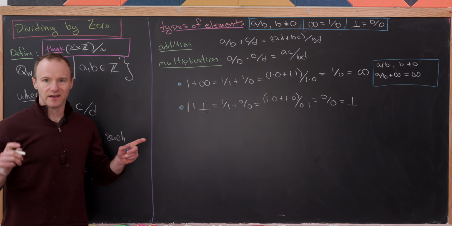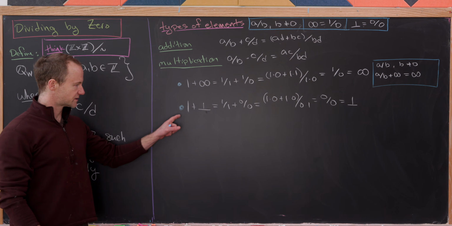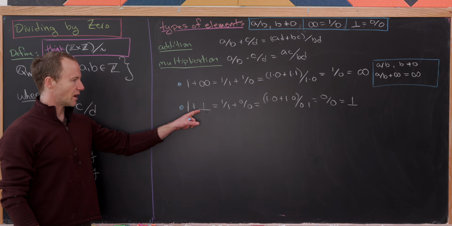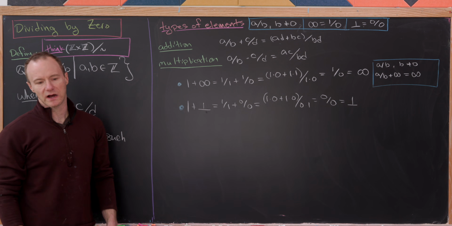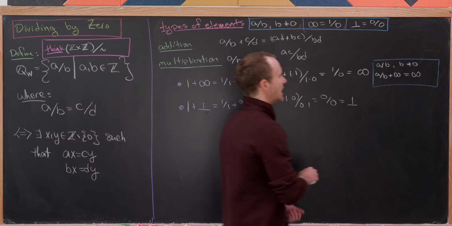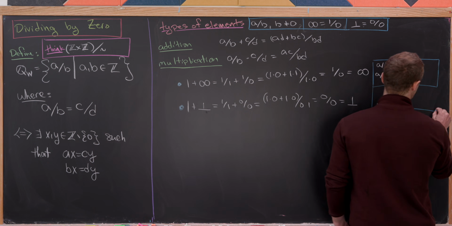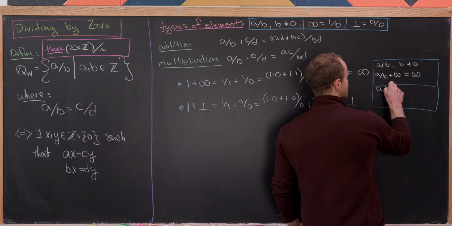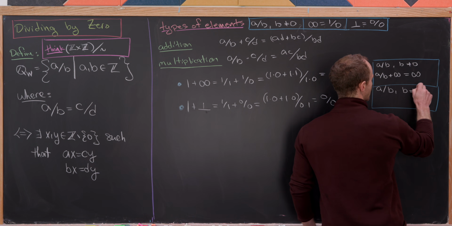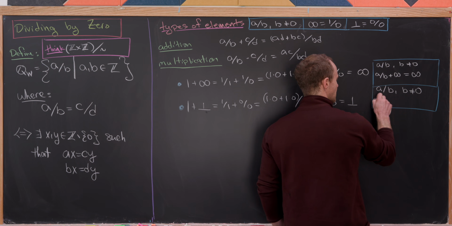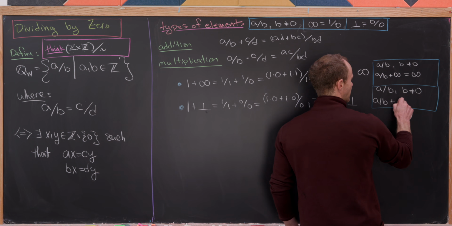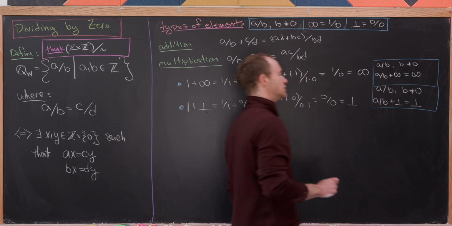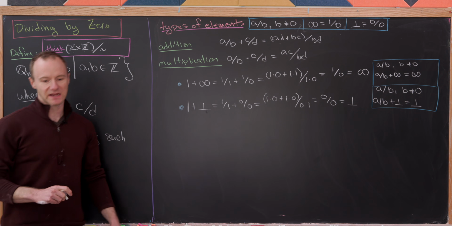So this is like another type of infinity almost. Note that here we've got 1 plus perp equal to itself. And this is going to extend to all non-infinite rational numbers as well. So if you take a over b with b not equal to 0, then a over b plus perp is equal to, again, the perpendicular element.